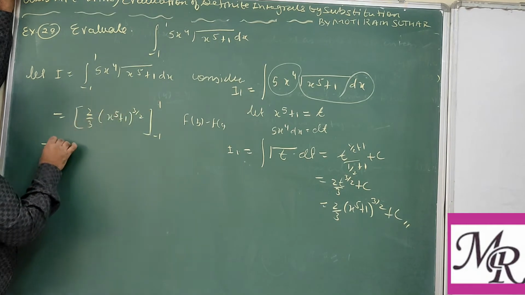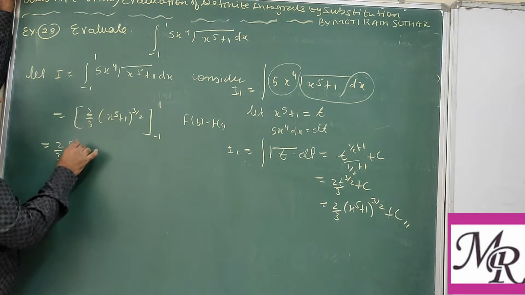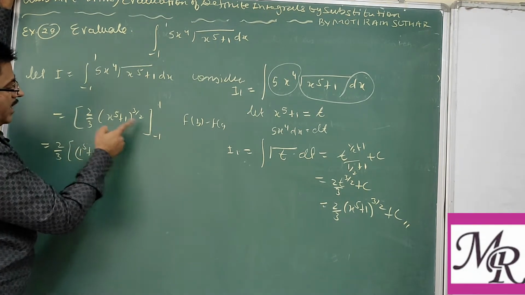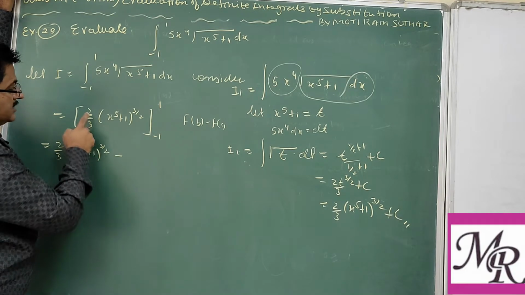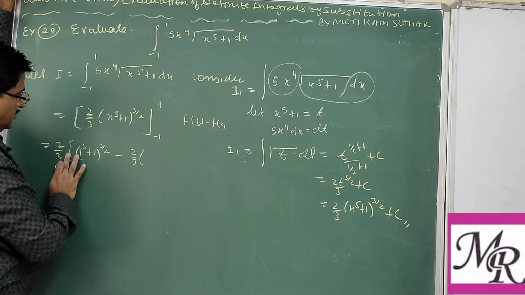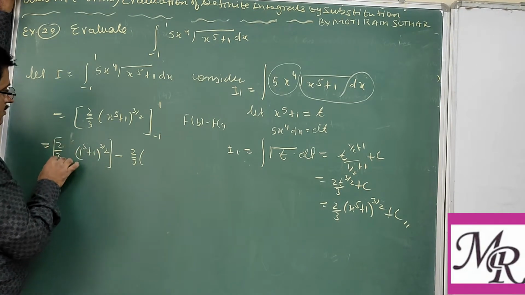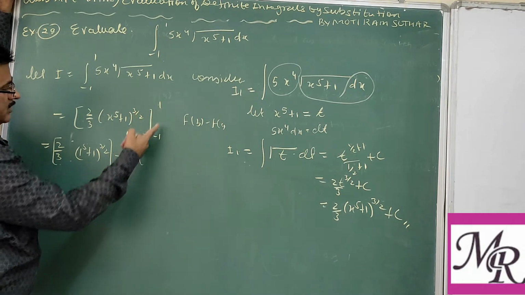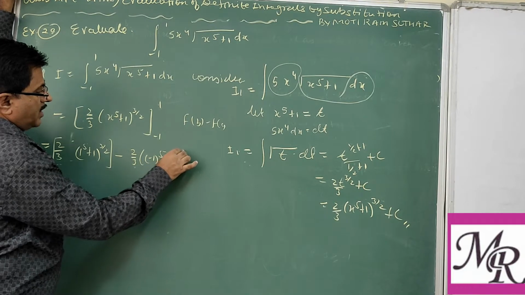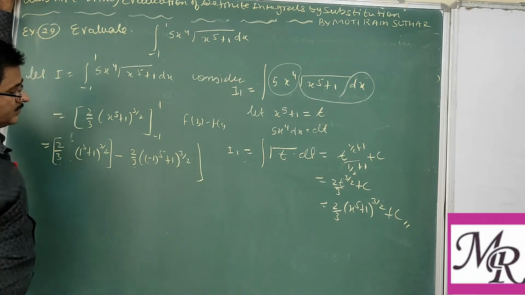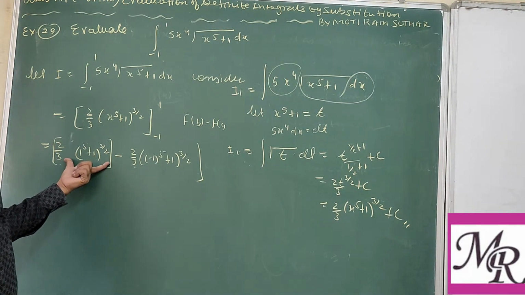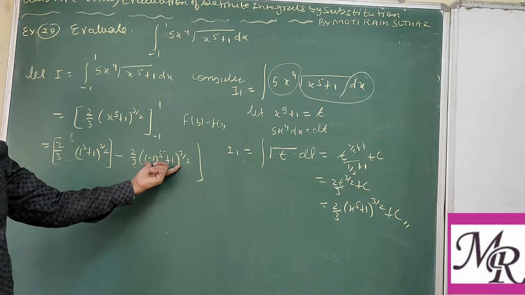So here we put 2 by 3 times 1 power 5 plus 1, whole power 3 by 2, then minus 2 by 3 times minus 1 power 5 plus 1, whole power 3 by 2. So this is the antiderivative at the upper limit minus the antiderivative at the lower limit.